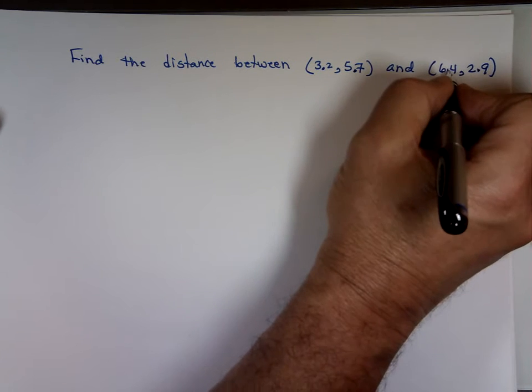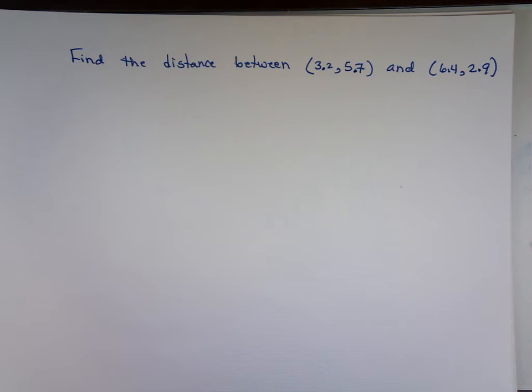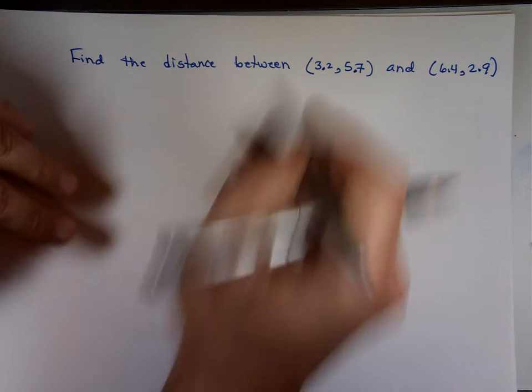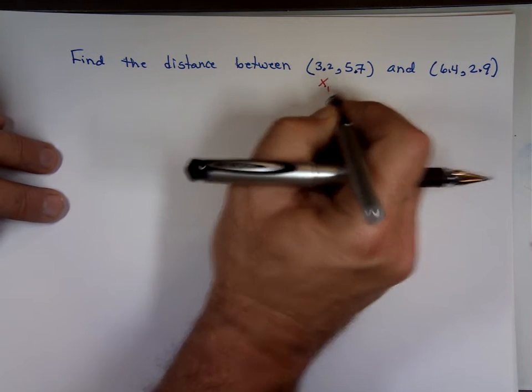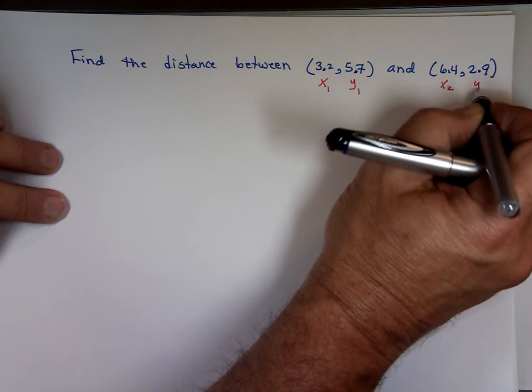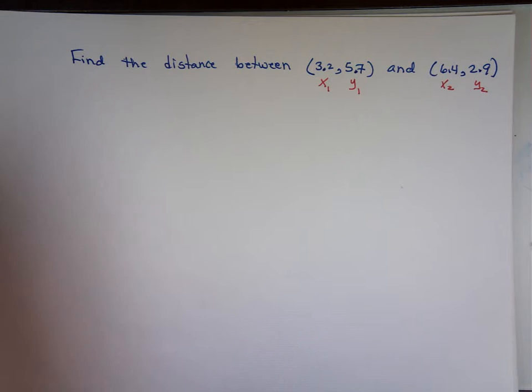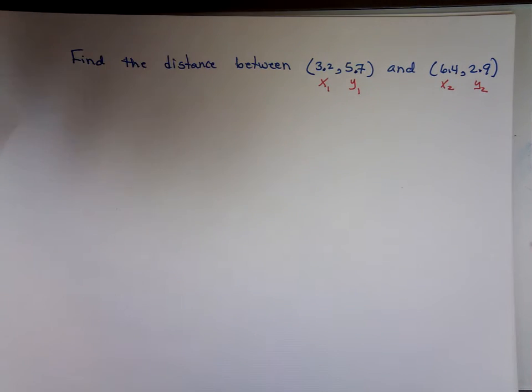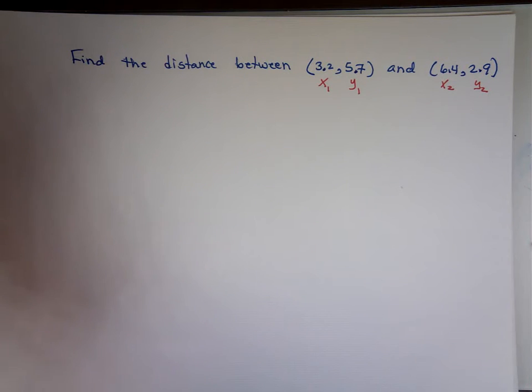You have 2 points, you want to find the distance between them. Doesn't matter if I use decimal values or not. That's x1, y1, x2, y2. So notice I don't have a triangle here. I can make one. I don't need to make one.